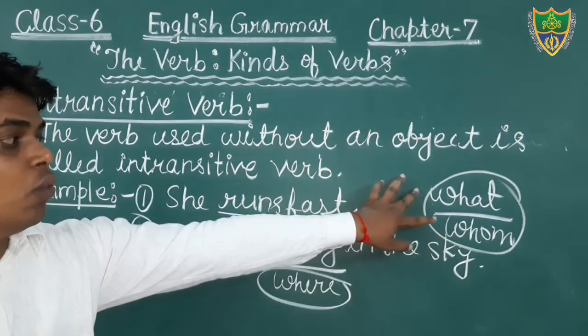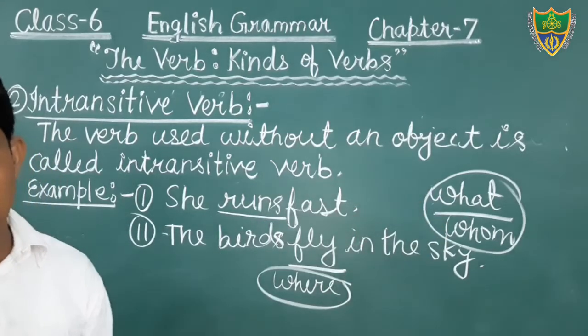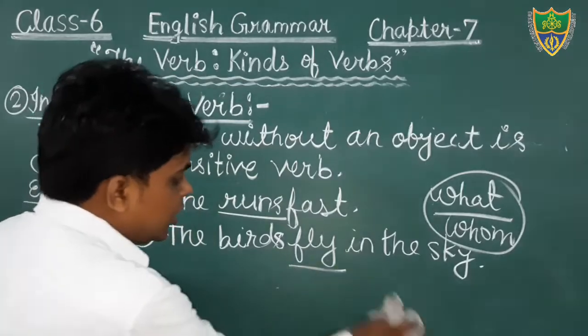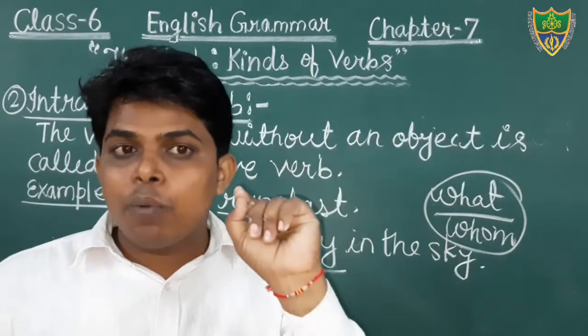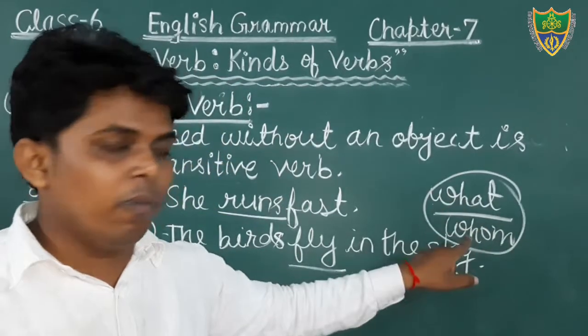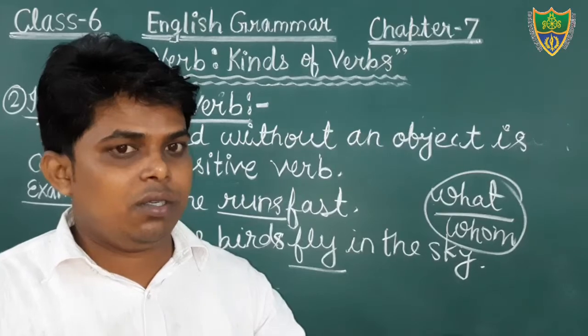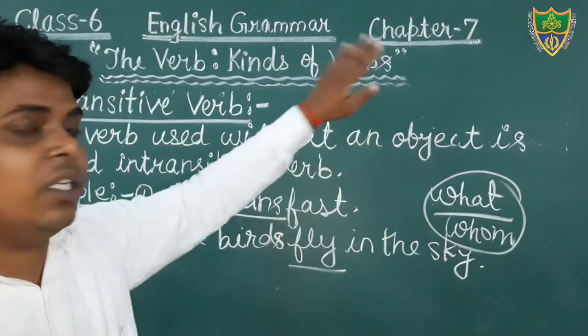But we have to find out the answer of these questions only, what and whom. If we are getting the answer, then that would be the transitive verb. Dear students, only keep in your mind: if we put the question with what and whom, and we are getting an object, then that would be the transitive.